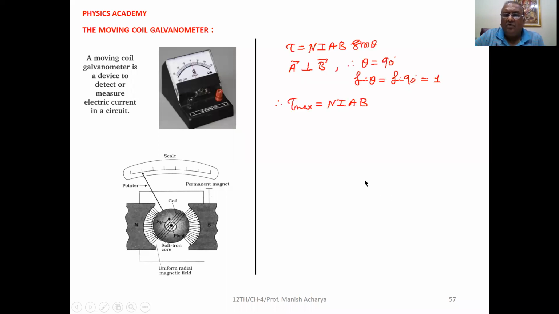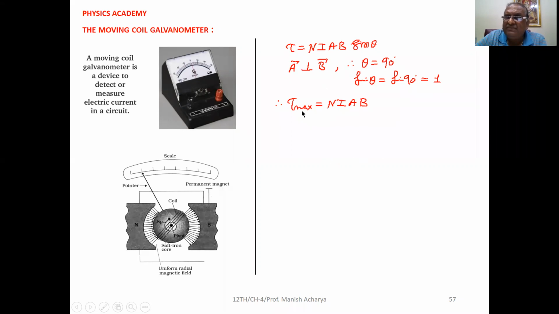Now, the torque acting on the current carrying coil placed in a uniform magnetic field is given by the equation NIAB sine theta. But here the area vector and the magnetic field are perpendicular to each other, so theta is 90, and sine 90 is equal to 1.